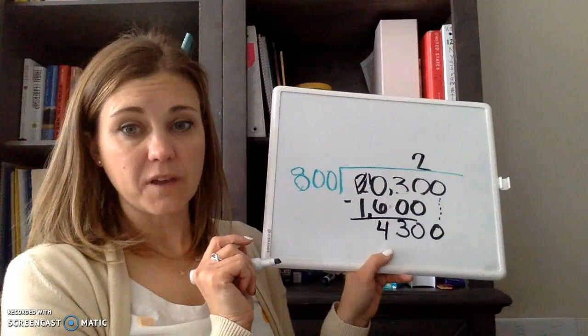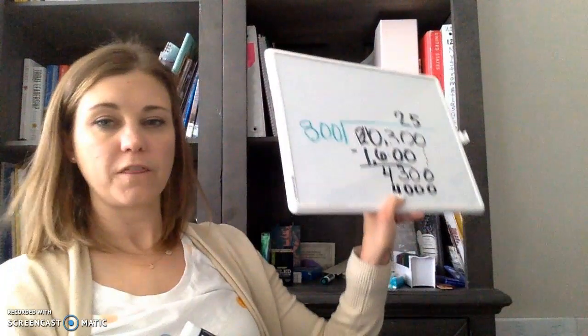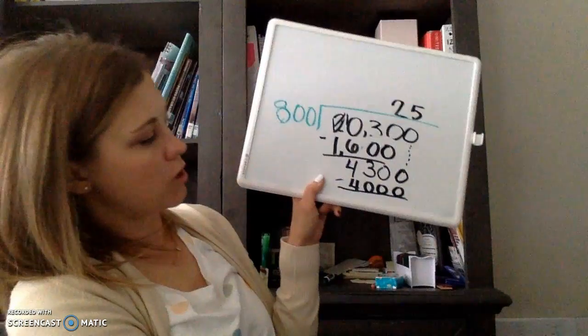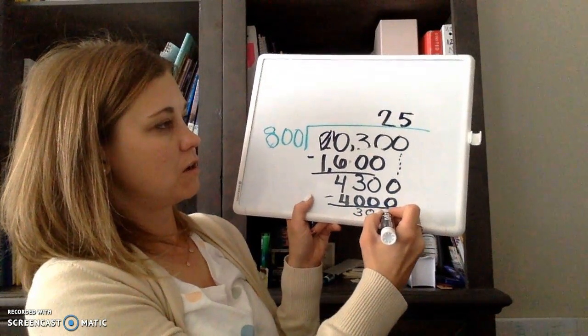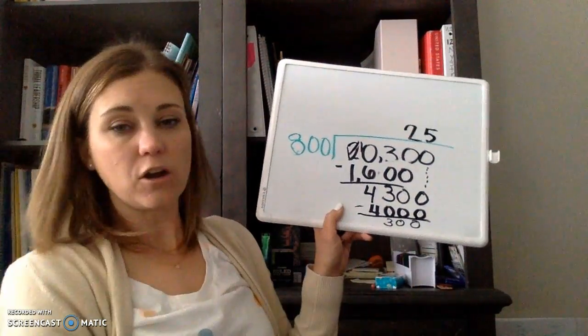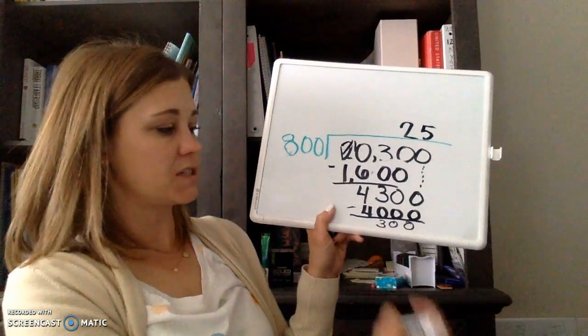And I think I'm going to stop there. I'm getting a lot of numbers. So I'm going to put my 5 up above that other 0 and write my 4,000 right down here. So I'm going to do my subtraction, and 4,300 take away 4,000 leaves me with 300. Well, I can't go any further because 800 doesn't fit into 300, so I have a remainder of 300.